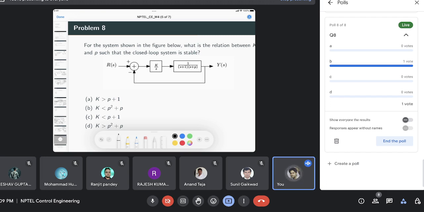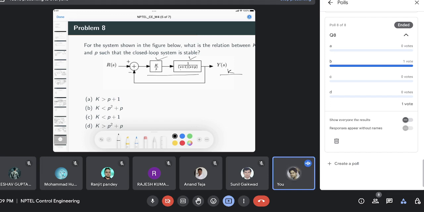Okay, so we can discuss. This is again a very simple question. You first find the closed loop transfer function, right? So you analyze the characteristic equation, or the denominator of the closed loop transfer function. First we find the g, that is the feed forward gain, which is these two transfer functions multiplied, that is k by s times this.